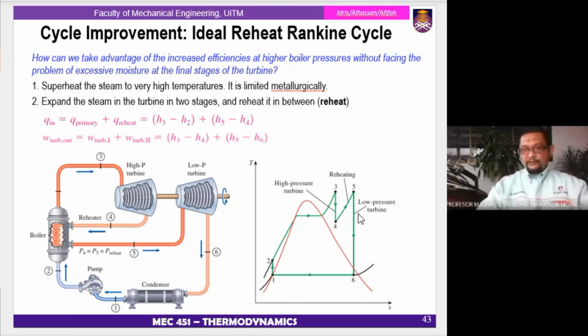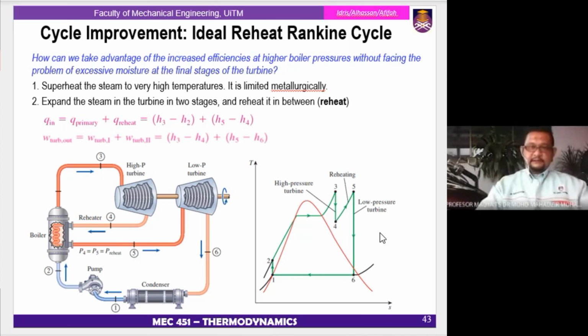In between these lines there is a reheater doing the reheating process of the steam. In the TS diagram the lines are assumed isentropic, because we assume the turbine is adiabatic and isentropic, so the process follows the isentropic law.